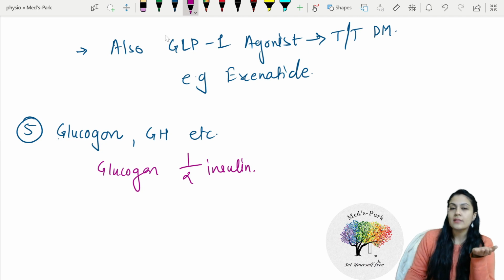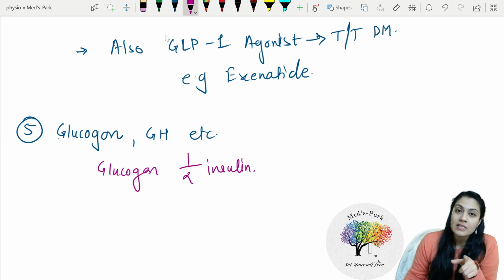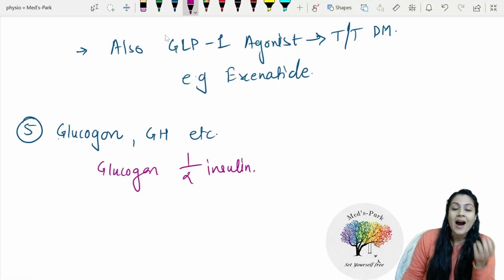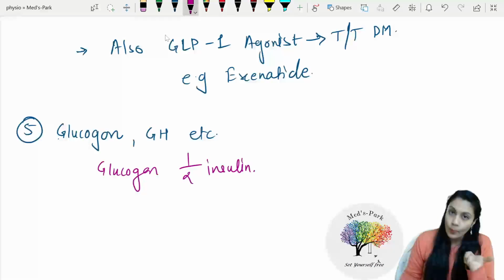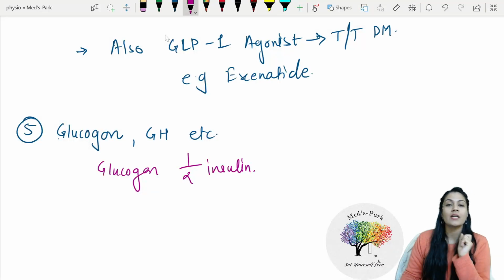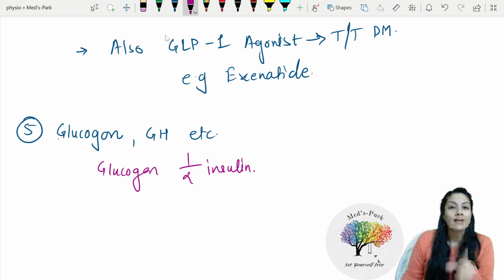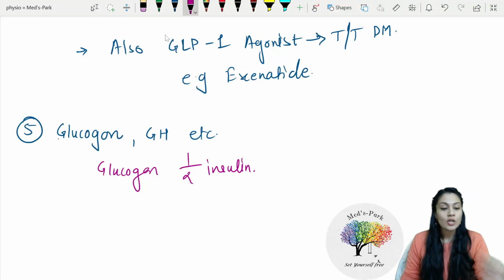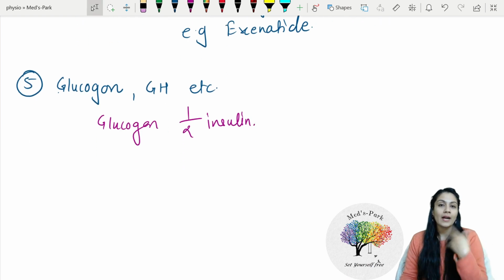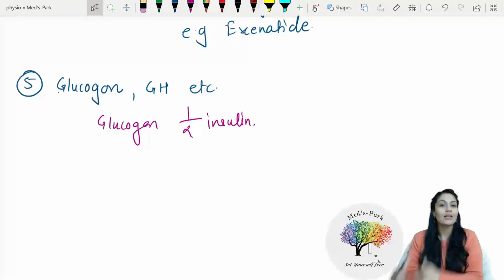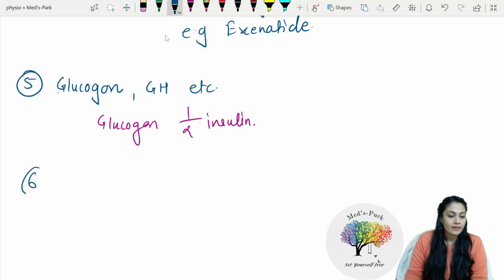When glucagon is increased, the glucose level in the blood will rise, and as soon as the glucose levels rise, the high Km GLUT2 receptors will open up. Glucose will enter the beta cells of the pancreas, and insulin will come again to balance the blood glucose level. So whenever glucagon and growth hormone levels are high, they stimulate insulin release. And next is beta adrenergic receptors.